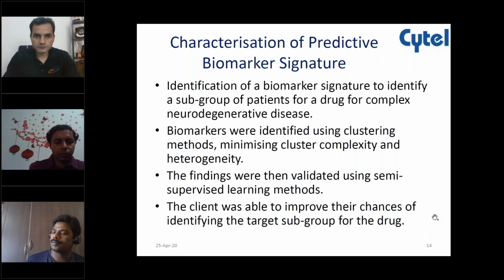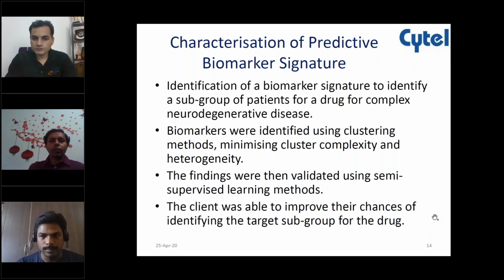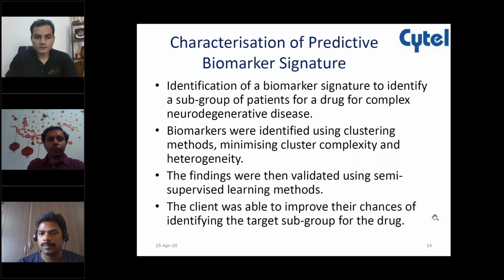So as you can see, the client was looking for patient subgroups that could benefit from the drug. That is an indication that this was being used as a way to personalize the drug to a smaller subset of people.